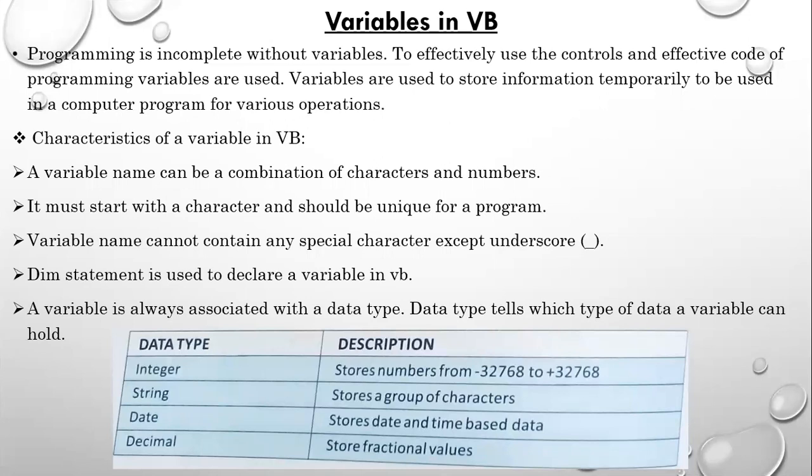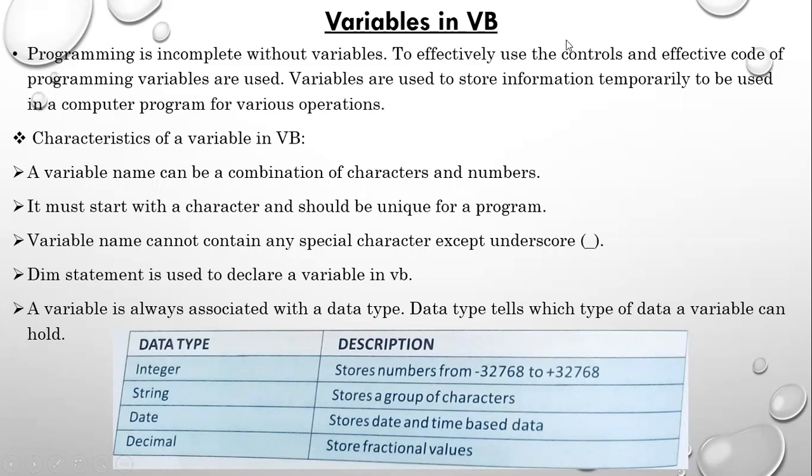Now that we know the basic process of adding images, let us look at what variables are. So a variable is something that stores value during program execution. So it's a temporary value, or you can say programming is incomplete without variables.